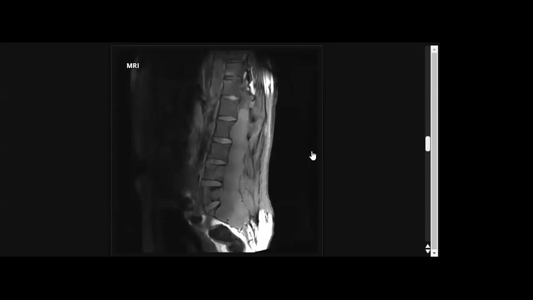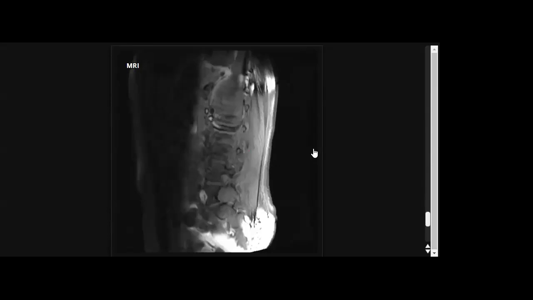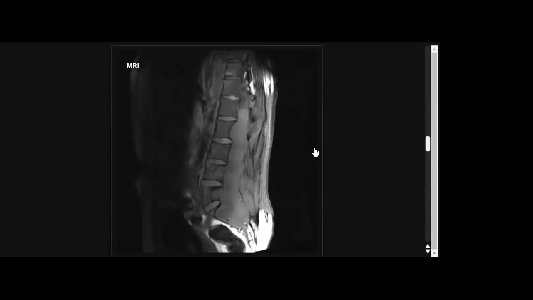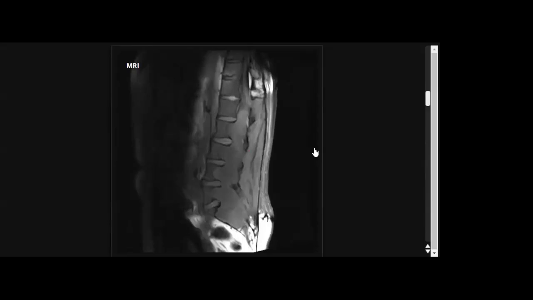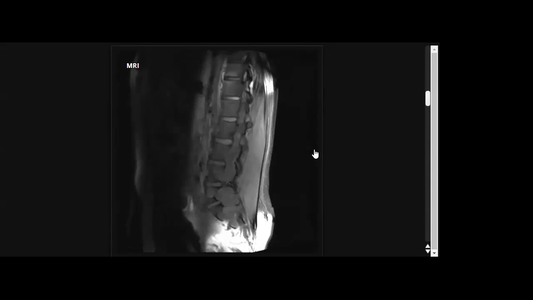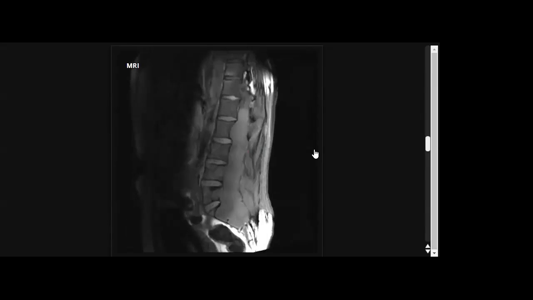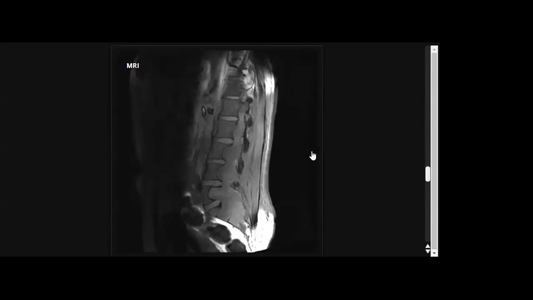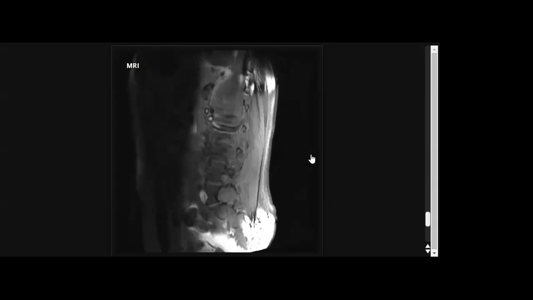Okay, this is T1 sagittal of the same patient. I'll scroll through the images. There is some delay in the scroll. No problem.